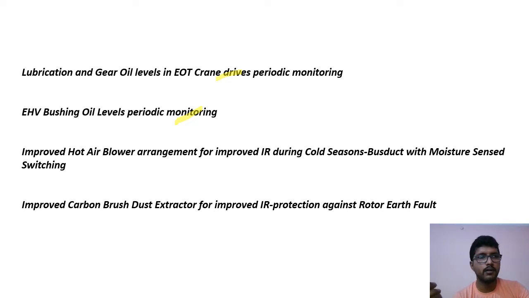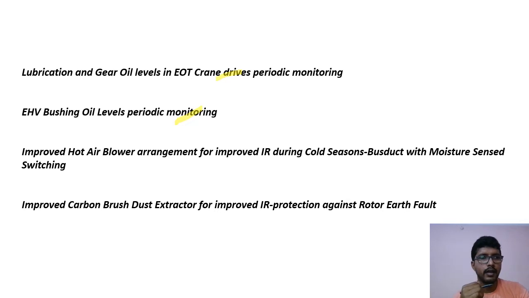So we need to have some sort of hot air blower arrangement, which has automatic switching, right? I have not heard about automatic switching, but maybe we can design something like that, which will ensure that IR is not reduced. If IR is reduced and we still switch on the system, energize the system, then there may be cracks developed in the insulation, support insulators of the hollow conductor. That is not good.